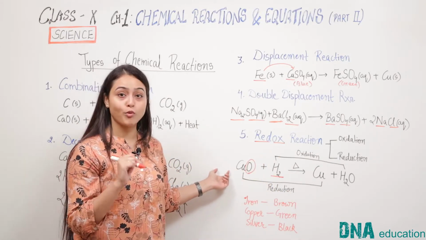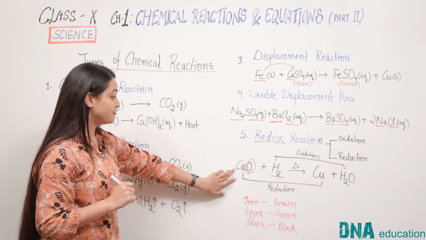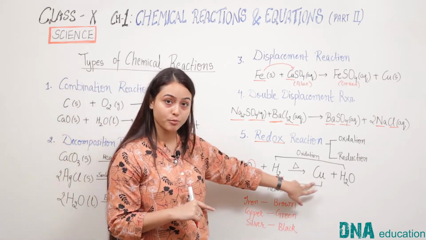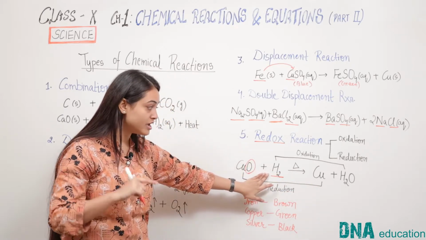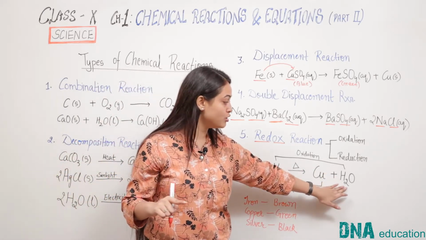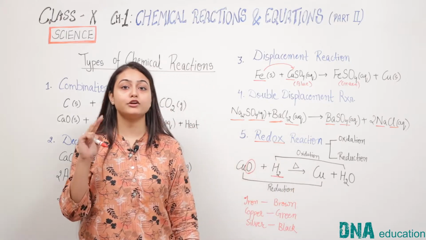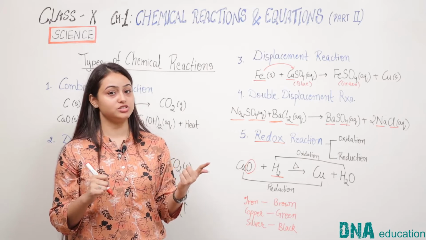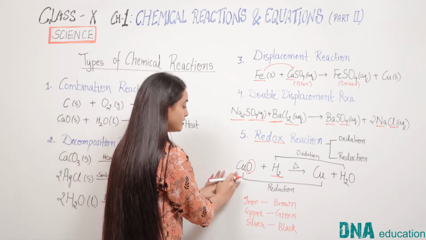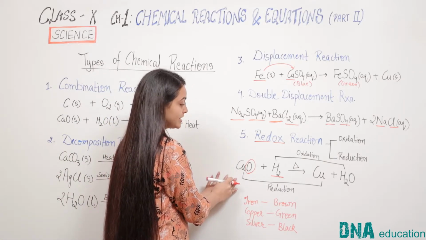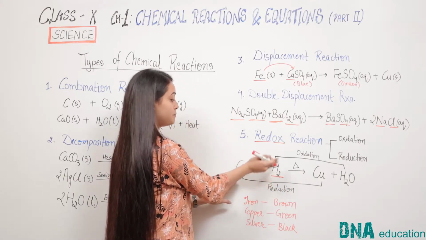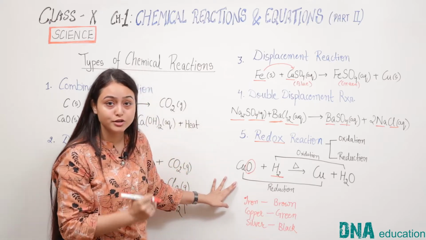Now there is one more point in this. We say that copper oxide is reduced to copper and hydrogen is oxidized into water. However, there are two more terms, that is oxidizing agent and reducing agent. Here, copper oxide is being reduced, but hydrogen is helping copper oxide in getting reduced.